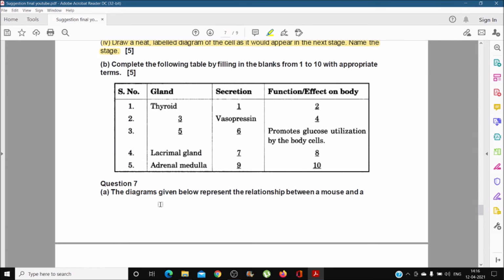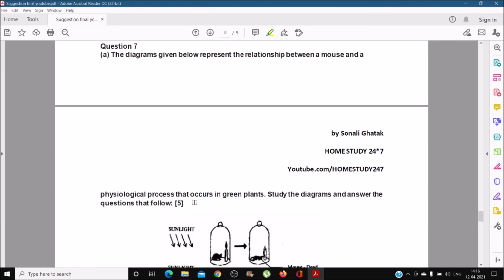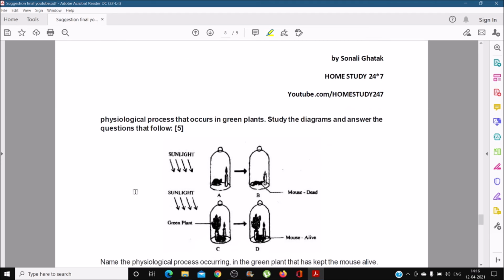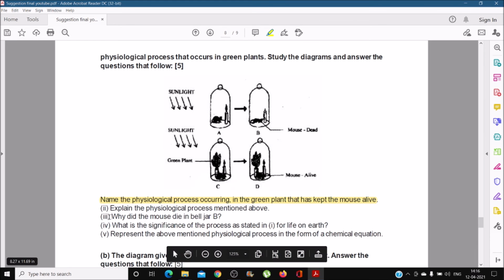Now, question number 7. Again, the diagram. Relationship between a mouse and a physiological process that occurs in a green plant. Study the diagram and answer the questions that will follow. 1. Name the physiological process occurring in the green plant that kept the mouse alive. 2.